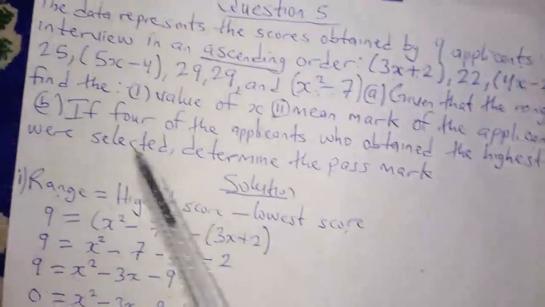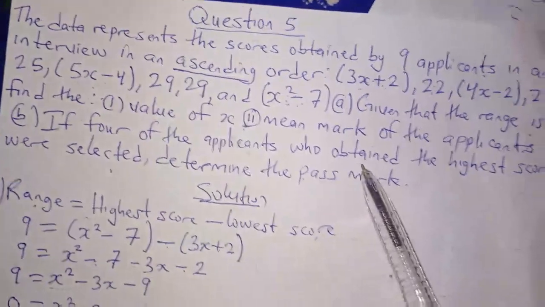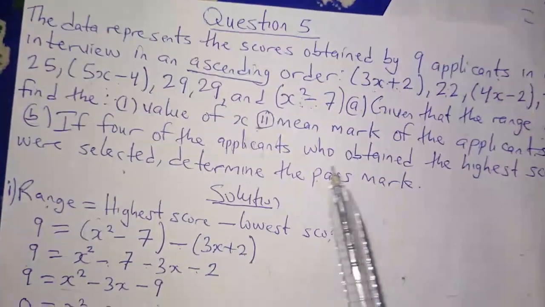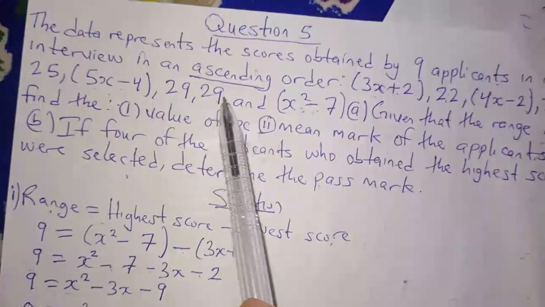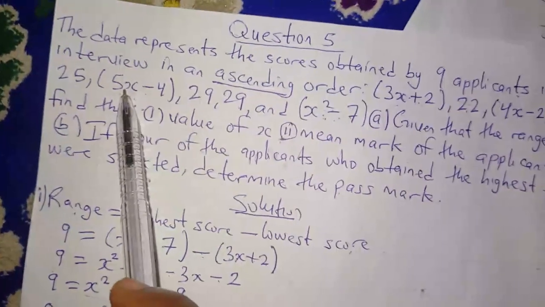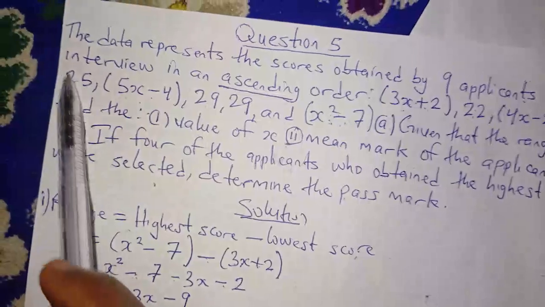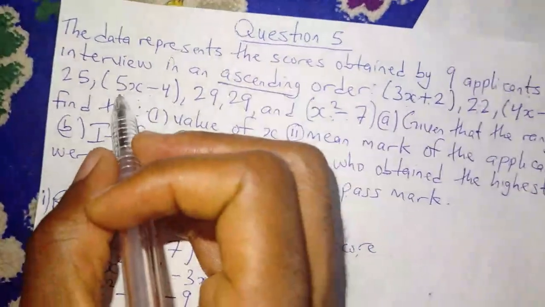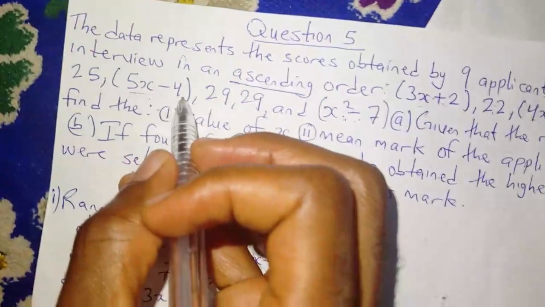So since they said 4 applicants that obtained the highest score are to be selected, it means you are only going to select these applicants, and this is going to be the last applicant selected. All these ones will not be selected. Therefore, the pass mark is going to be the mark scored by this fourth highest score.